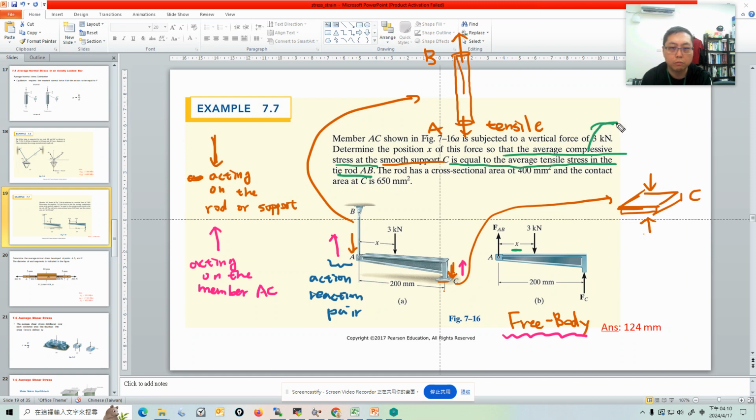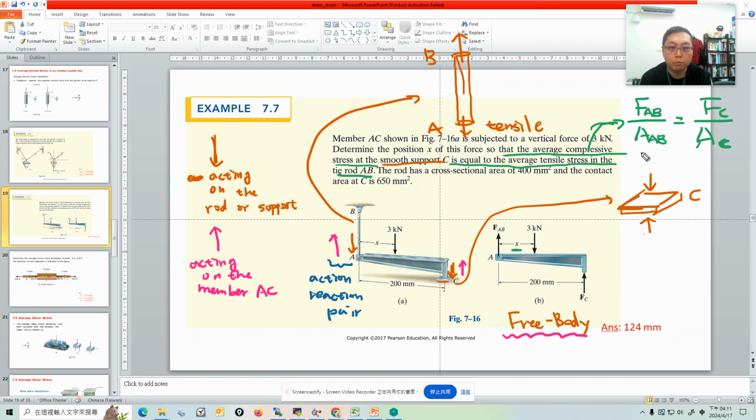So what does this paragraph mean? It says the stress is the same. So that means FAB divided by AAB is equal to FC divided by AAC.